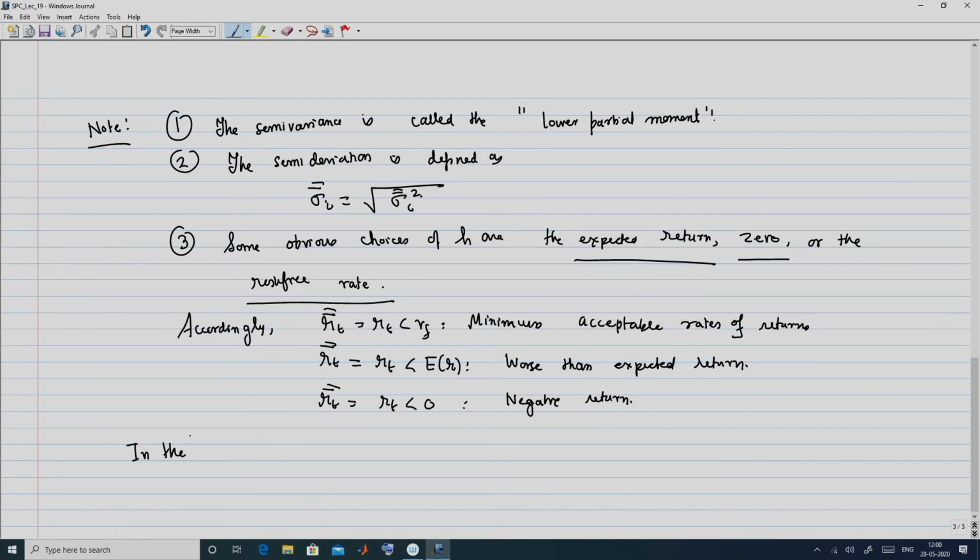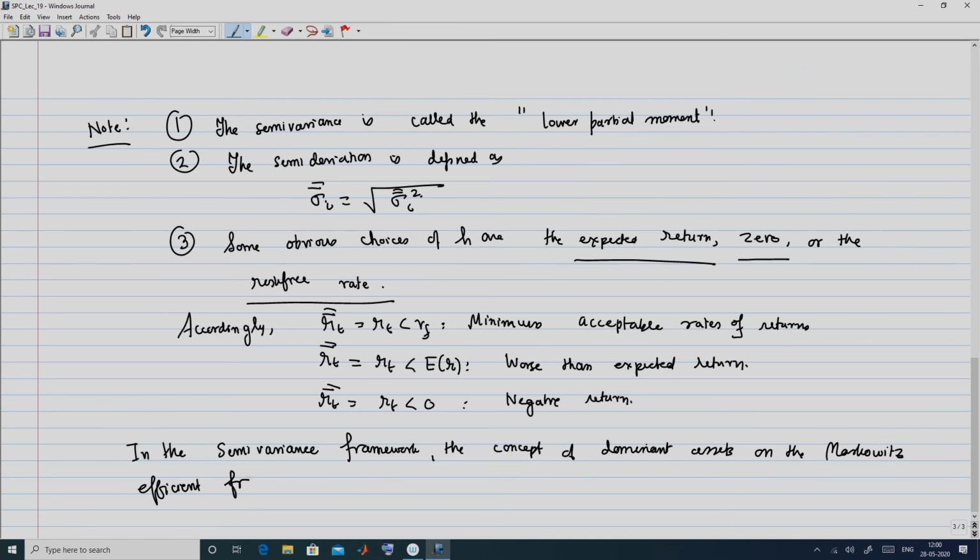So, accordingly, I can make the observation that in the semi-variance framework, the concept of dominant assets on the Markowitz efficient frontier is defined as the following.